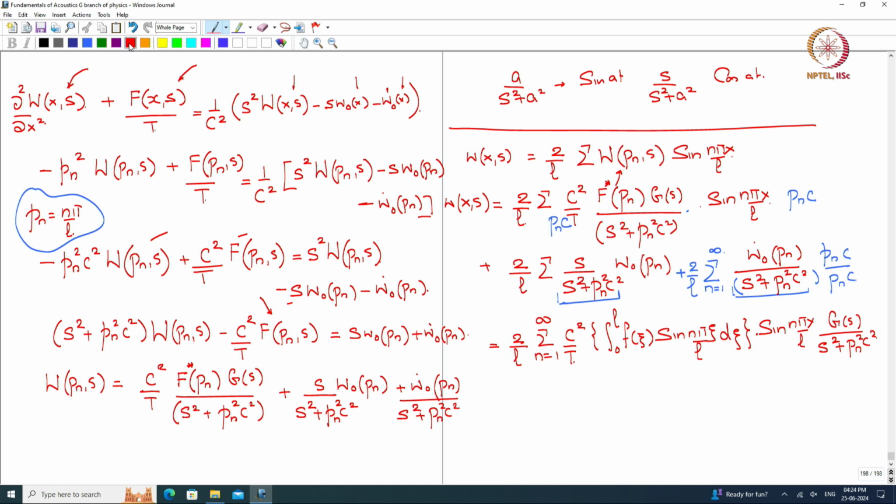Then I have plus 2 over L summation n going from 1 to infinity, S over s square plus p square n c square w0 pn, where w0 pn is the integral 0 to L w0 of xi sine n pi xi by L d xi.